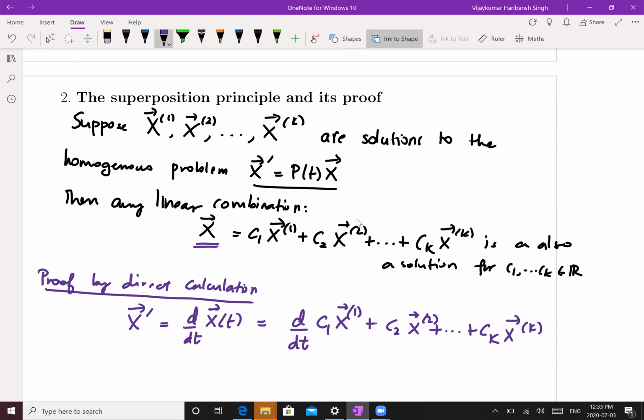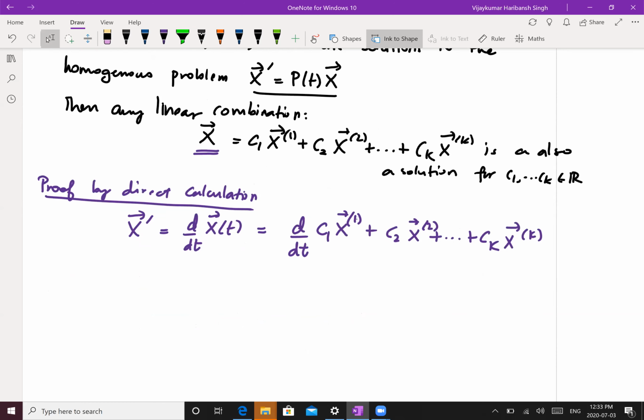And now using the linearity of derivatives that we saw earlier, we see that this is going to be c1 x1 prime plus c2 x2 prime plus ... plus ck xk prime.